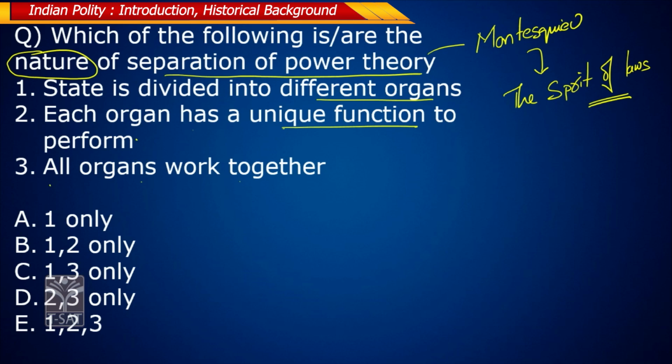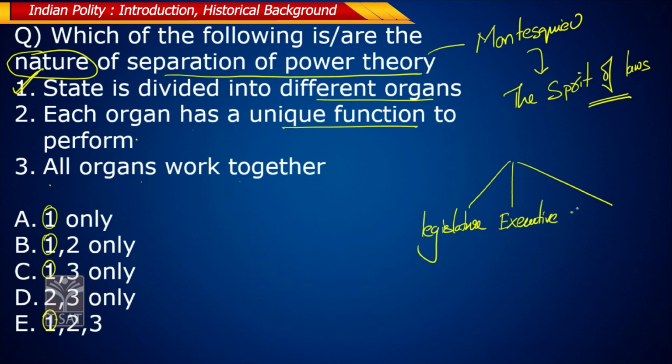Firstly, there is no none of the above option. Secondly, 1 as an option is there in almost all 4 options. So 1 should be correct, and it is correct because according to separation of powers theory, the state is divided into 3 major organs: legislature, executive and judiciary.